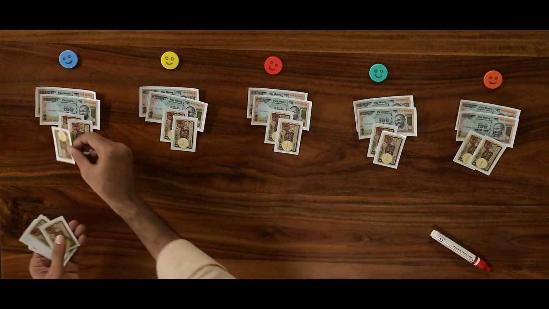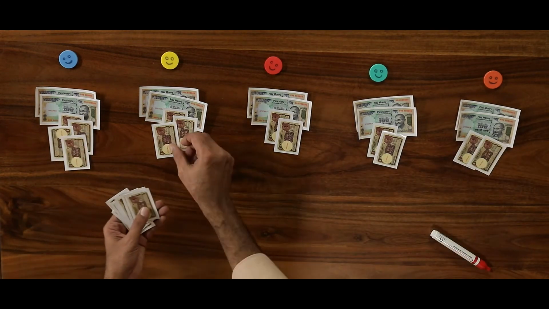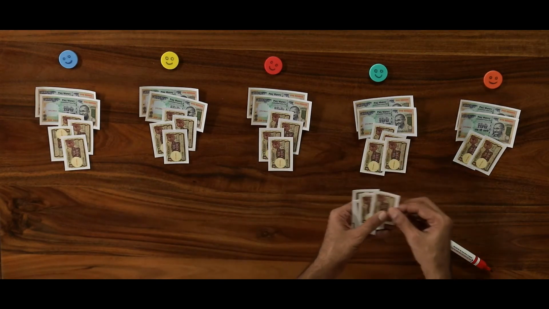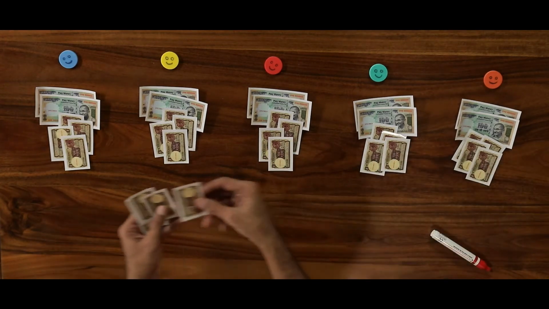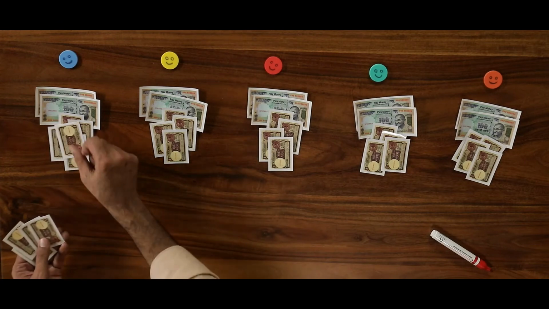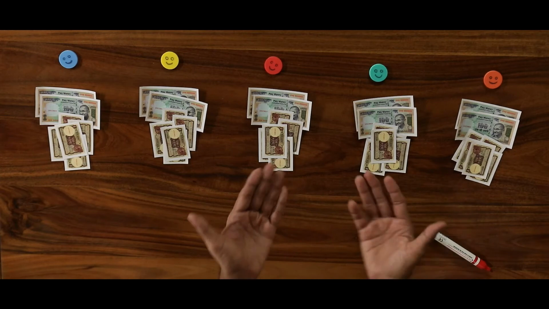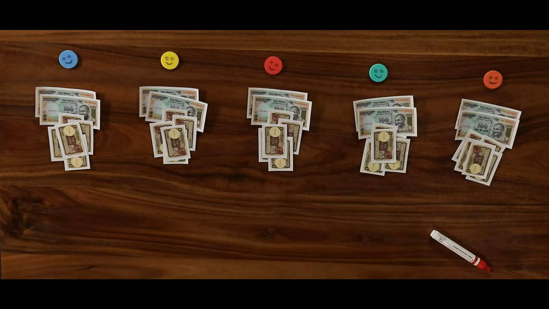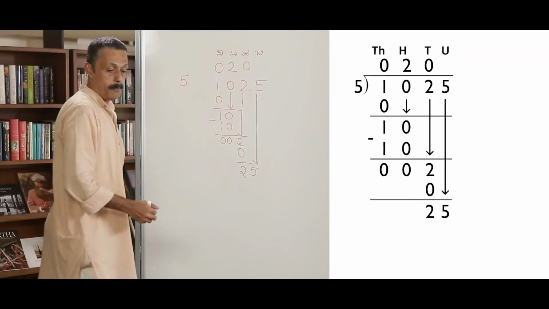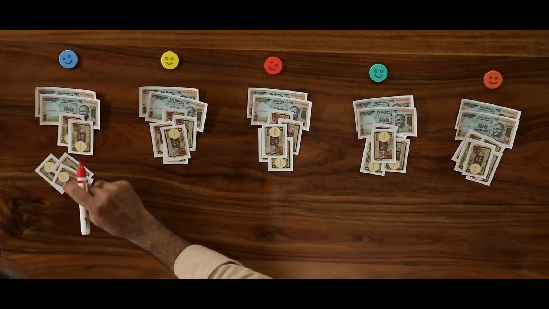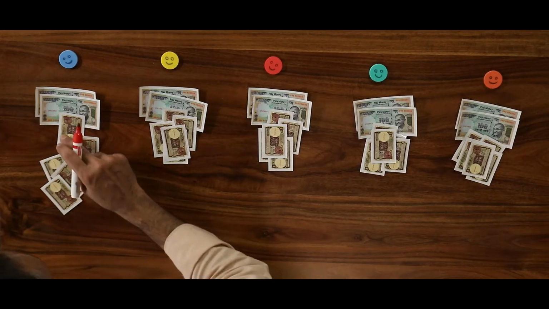And then let us give 2 more. Now everyone has 4 rupee notes. Let us give 1 more and see. And 1. Now all 1 rupee notes are gone. Therefore, how many did each one get? 1, 2, 3, 4, 5.